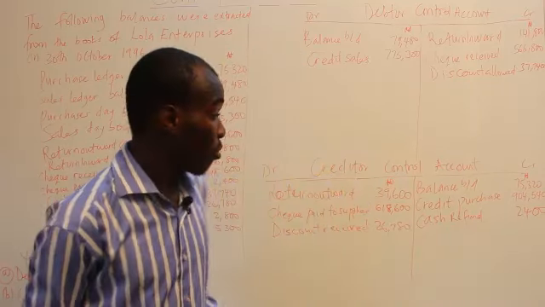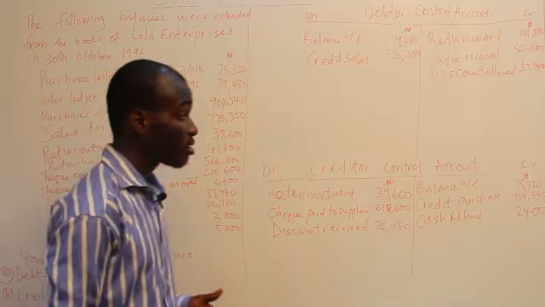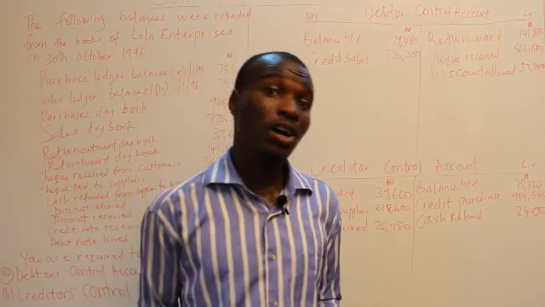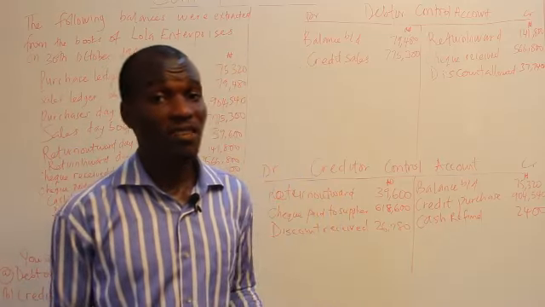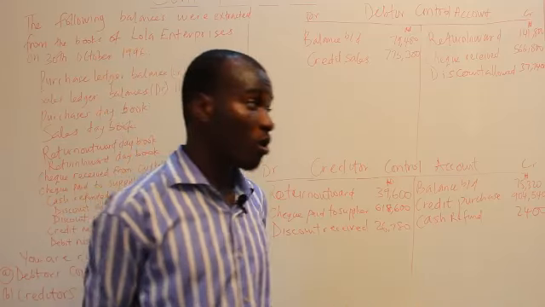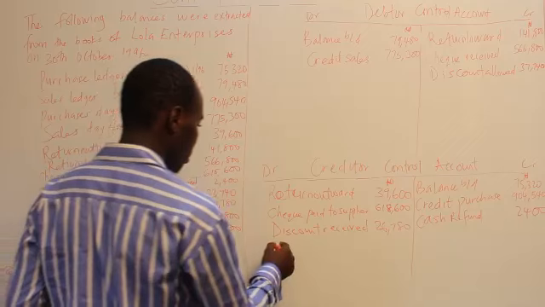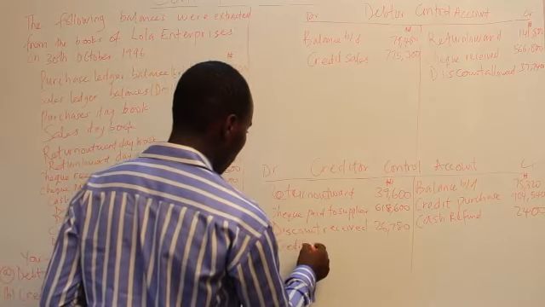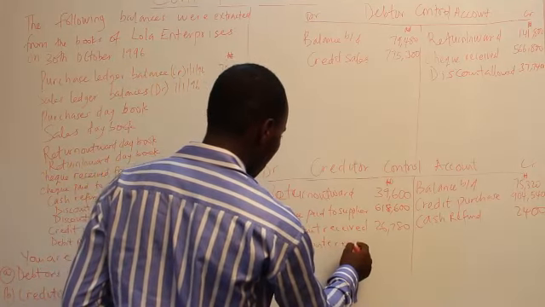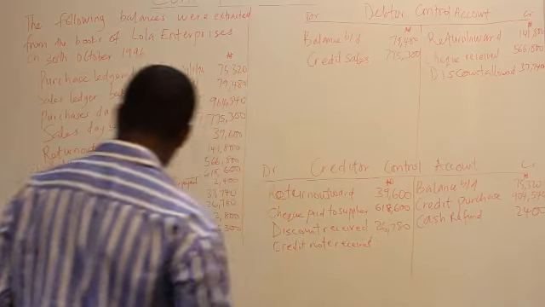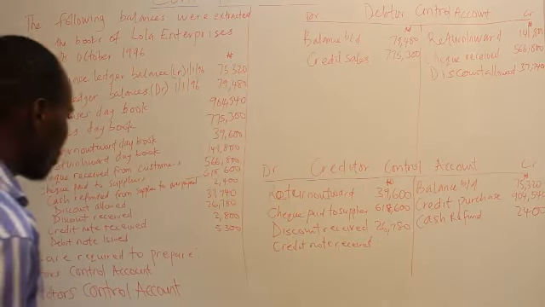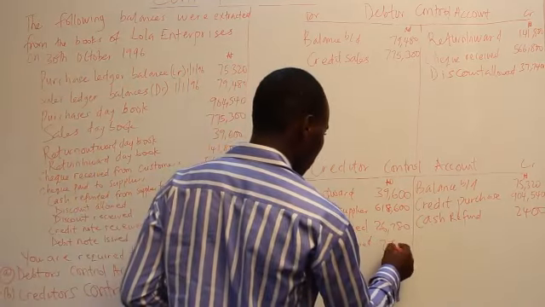So that means we have to credit the creditor control account, because credit note received serves as the debt reduction. So credit note received, which is 2,800.